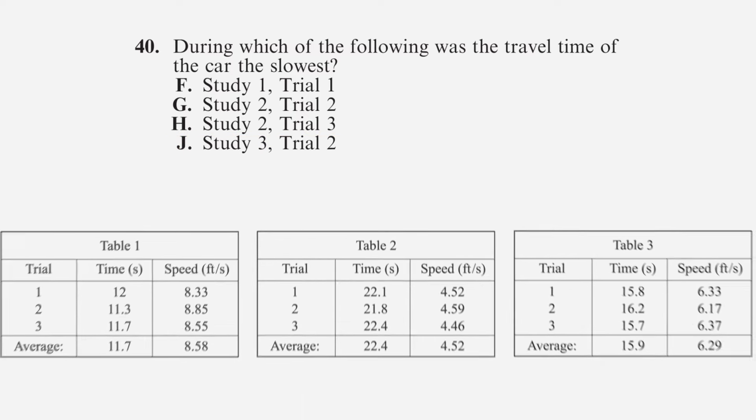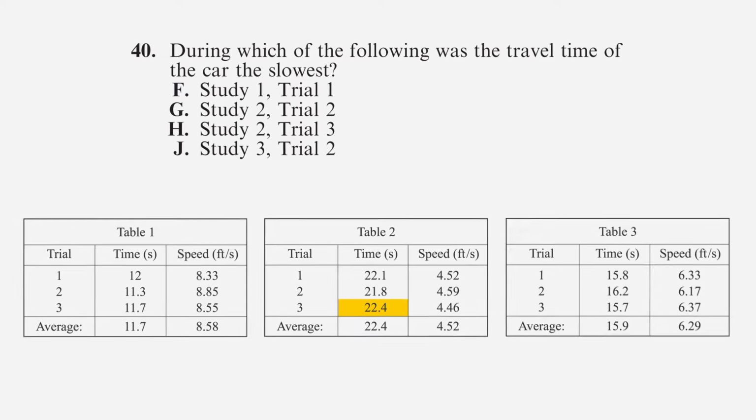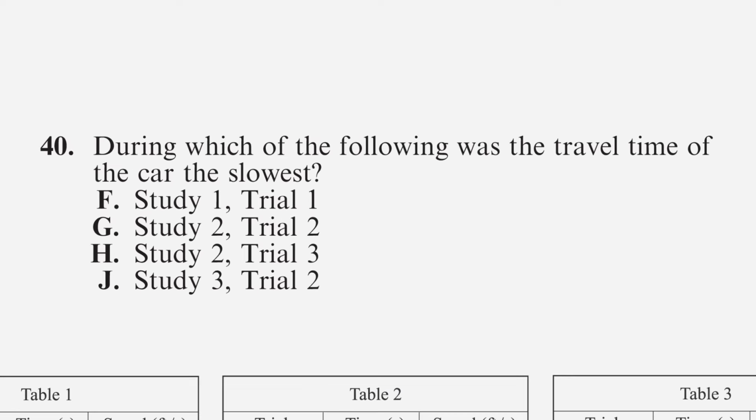All we have to do here is compare the trial times for the 4 choices and see which was slowest. Our numbers are 12, 21.8, 22.4, and 16.2. The slowest car will have the largest time, which is 22.4 seconds in Study 2, Trial 3. As you can see, the slowest travel time was recorded in Study 2, Trial 3.